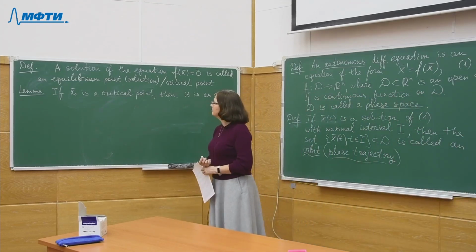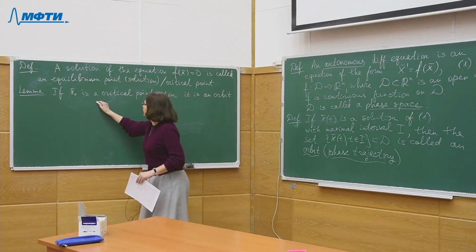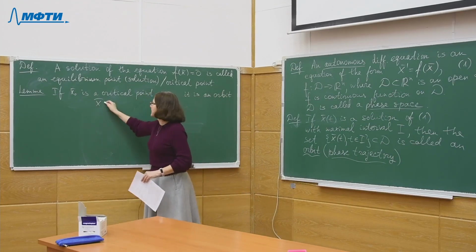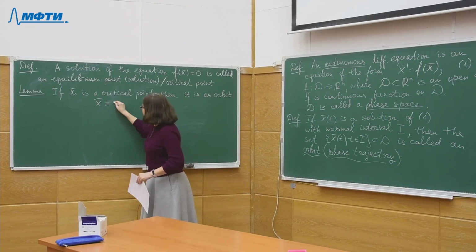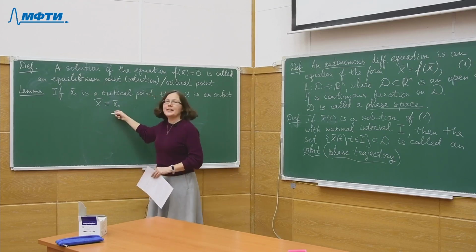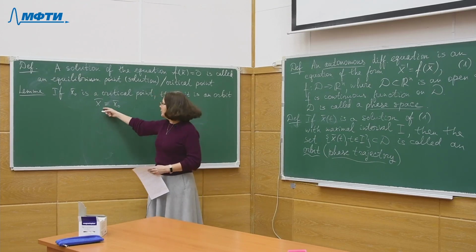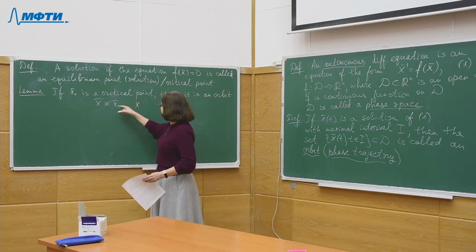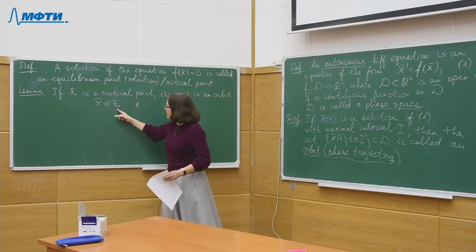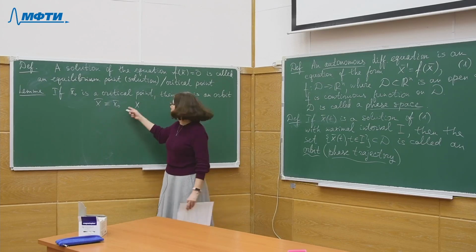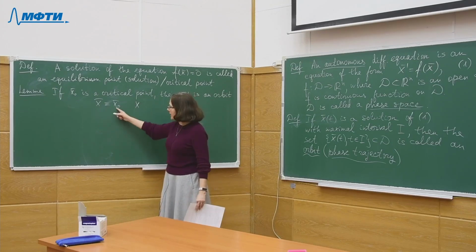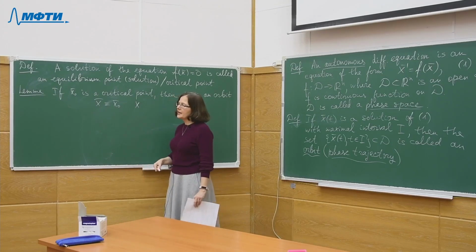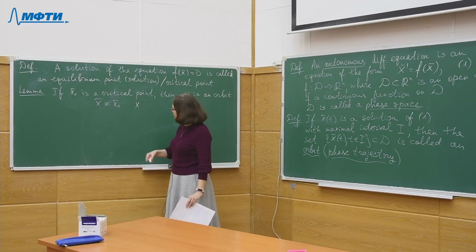Well, because if we consider the function x, which is identically x0 and doesn't depend on t, and if we differentiate it, we will get 0, right? This is a vector function, all the components of which do not depend on t.